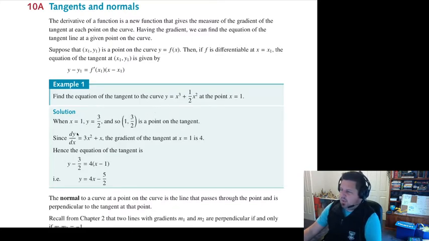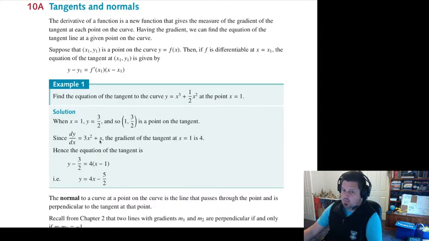Next, we need to work out the derivative of the original function. We know how to differentiate things, and the derivative here is 3x squared plus x. If this is the point of the tangent, its x coordinate is 1, so we substitute 1 into the derivative, and that will tell us the gradient of the tangent at that particular point.